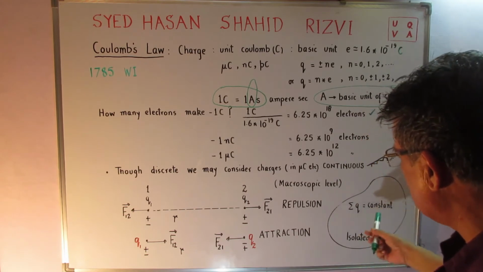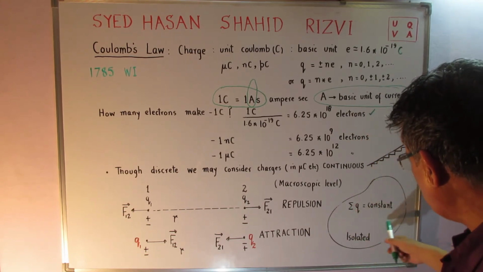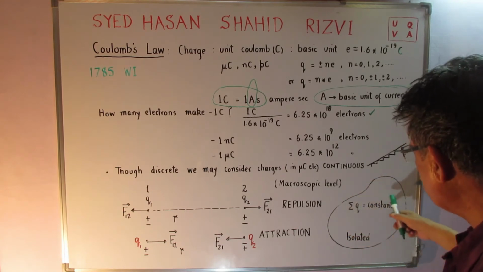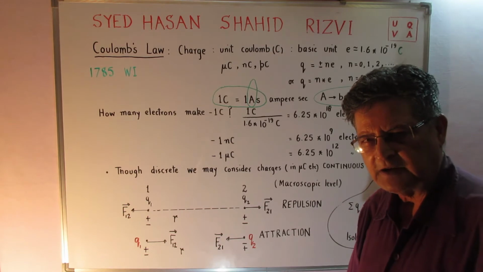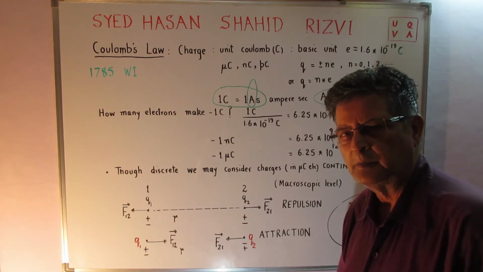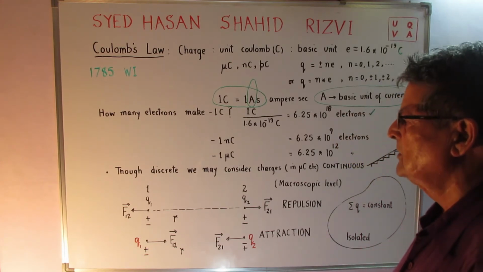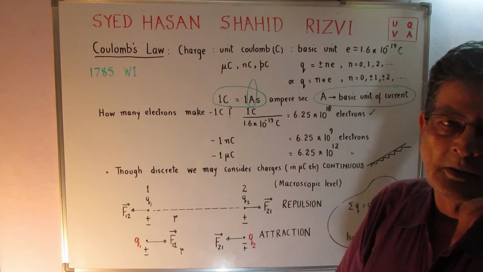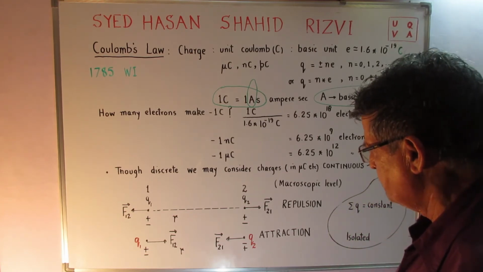So an atom or a neutron or anything like that, then the total charge is constant. It is conserved. So we say that charge can neither be created nor destroyed, which in Arabic I told you is ma khalaq or ma fana. You cannot create, you cannot destroy. Okay.